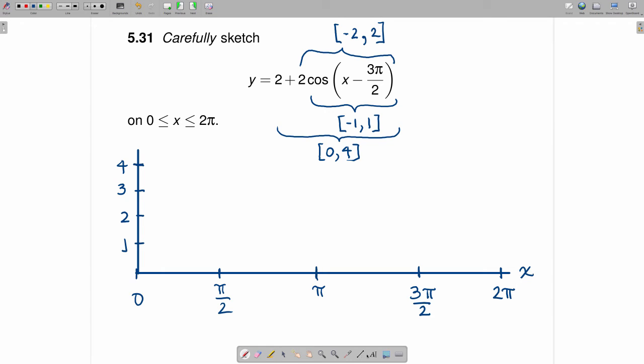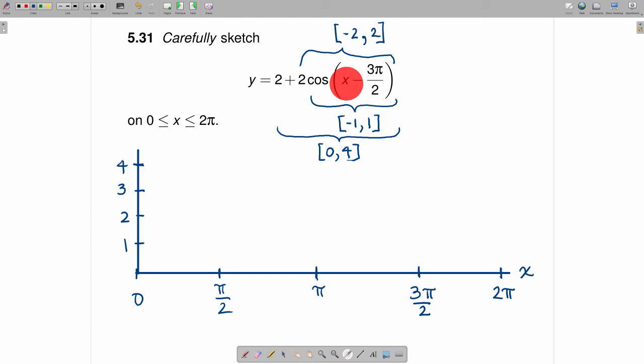Now the next step is to plot the function itself, and the function itself is 2 plus 2 times the cosine of x minus 3 pi over 2. You could do this by plotting individual points, but I think you can do it a little more quickly in the following fashion. One angle x, which is going to be very easy to evaluate, is x equals 3 pi over 2.